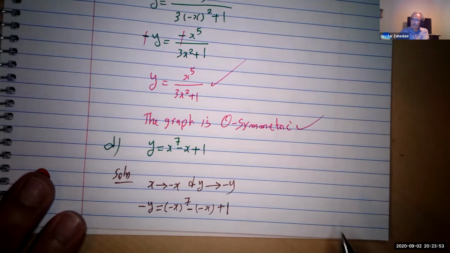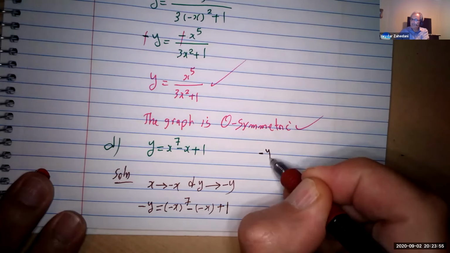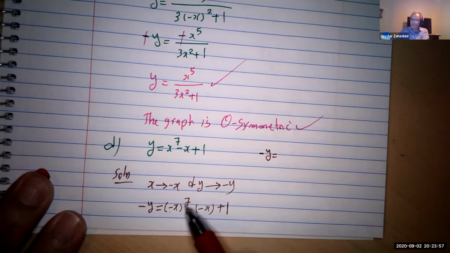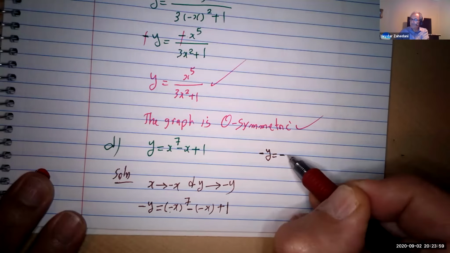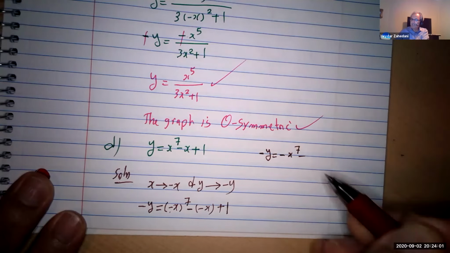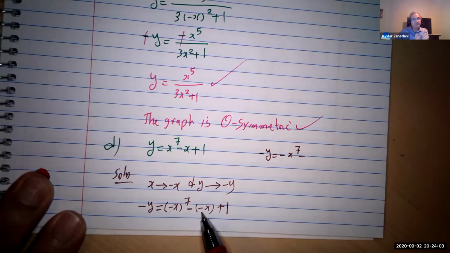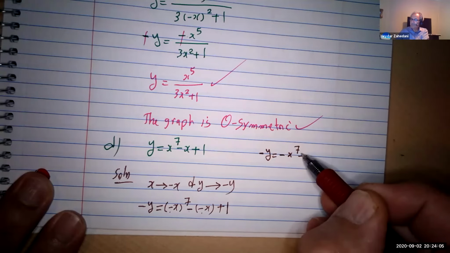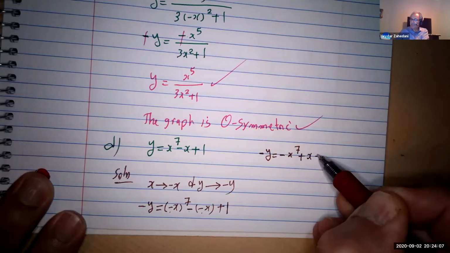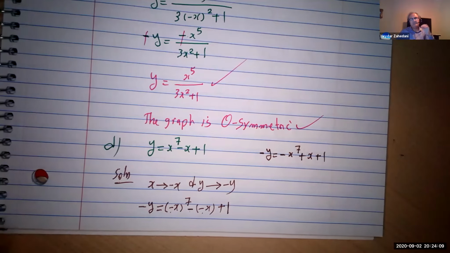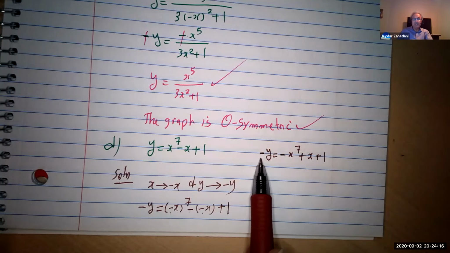So we have negative y equal to negative x to the 7, which would be negative, minus negative x, which would be positive, plus x plus 1. But remember, you have to solve for y. To solve for y, you have to change the sign, the negative sign.